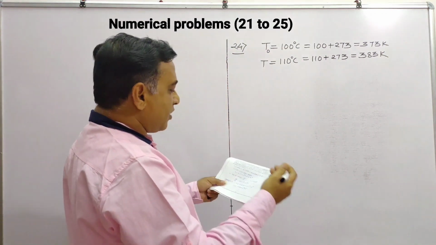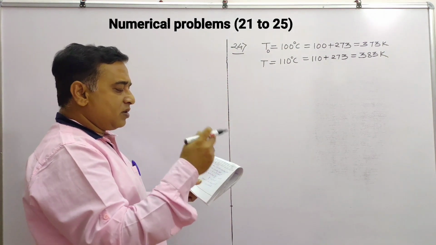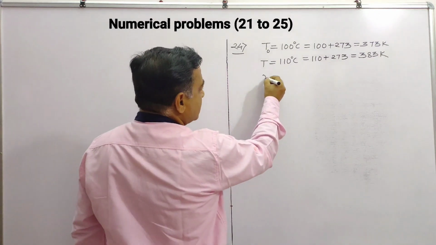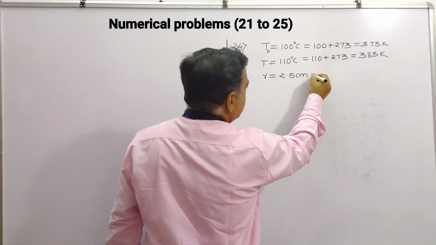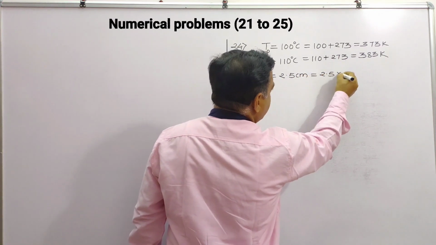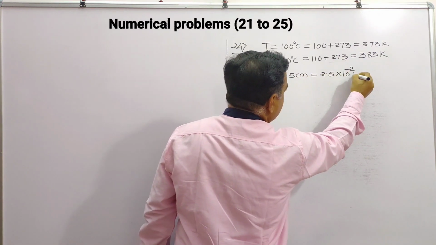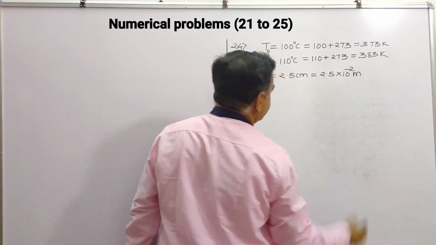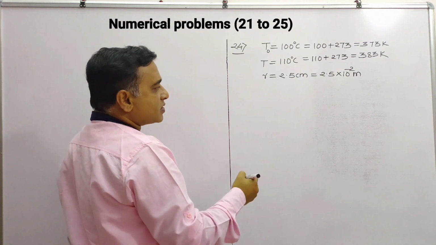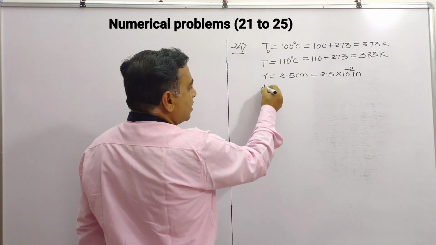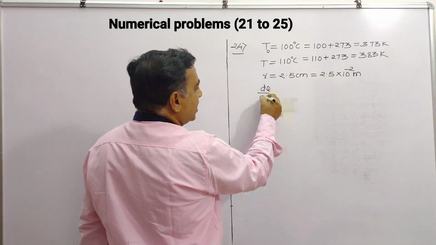So what about the next value which is given? Here the radius is given. Radius is how much? 2.5 centimeter, means obviously 2.5 into 10 raised to power minus 2 meter. So we need to calculate the area first, and then we need to get this dQ upon dt.